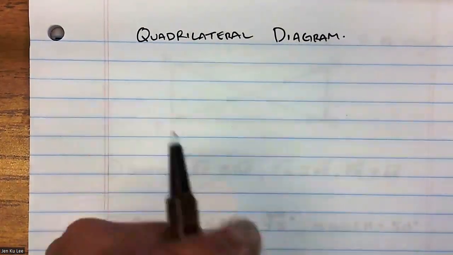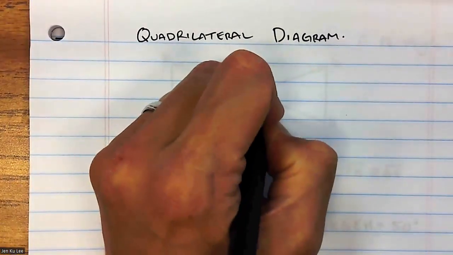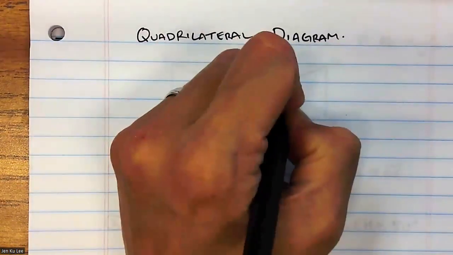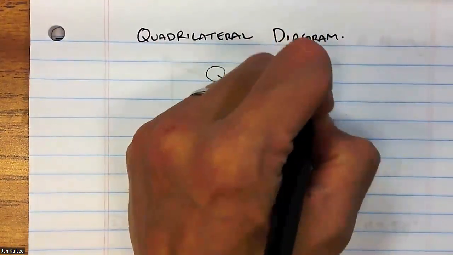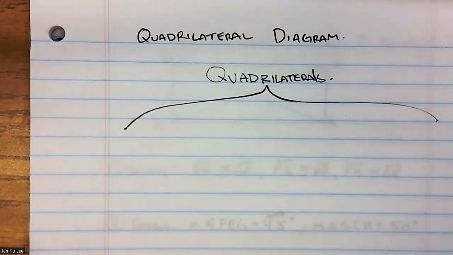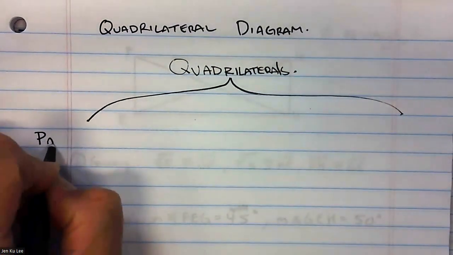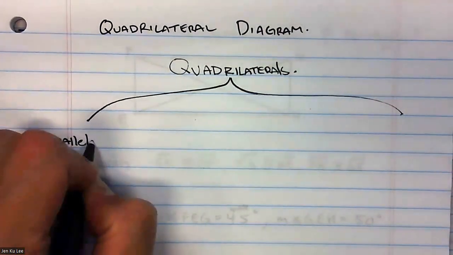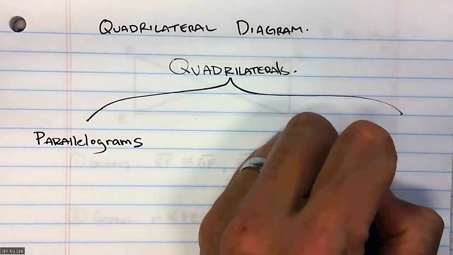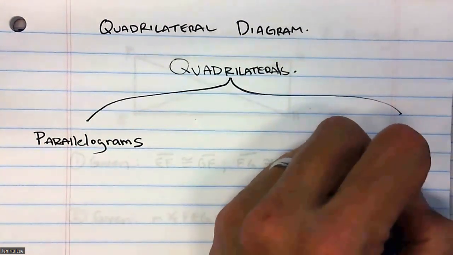The quadrilateral diagram, in this big umbrella of quadrilaterals, okay, you're gonna have two types of quadrilaterals, okay? One type is what we know, parallelograms, and the other type is what we call a trapezoid, okay?